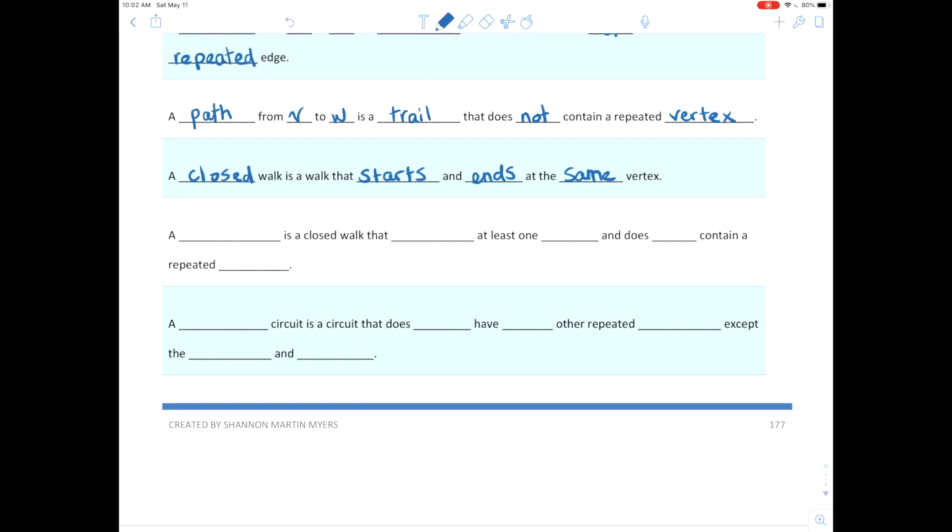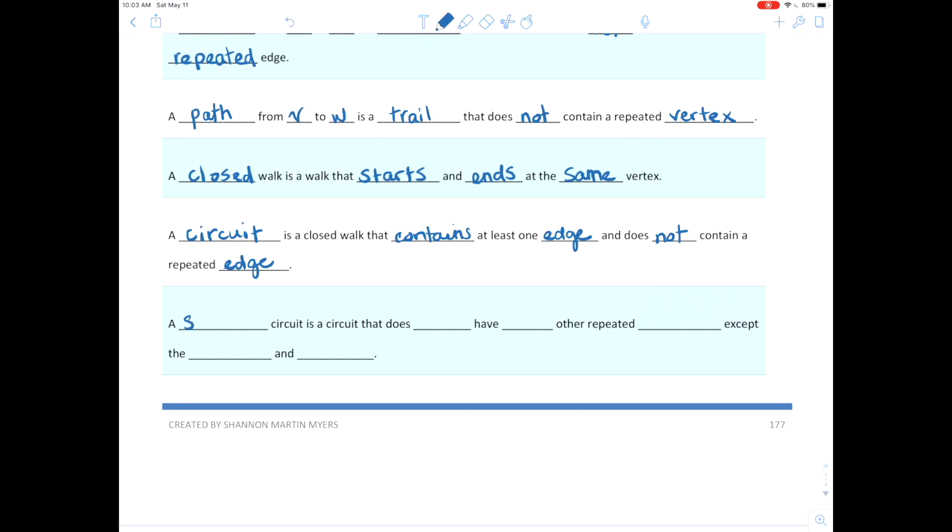And now we get to circuits, okay? So a circuit is a closed walk that contains at least one edge and does not contain a repeated edge.